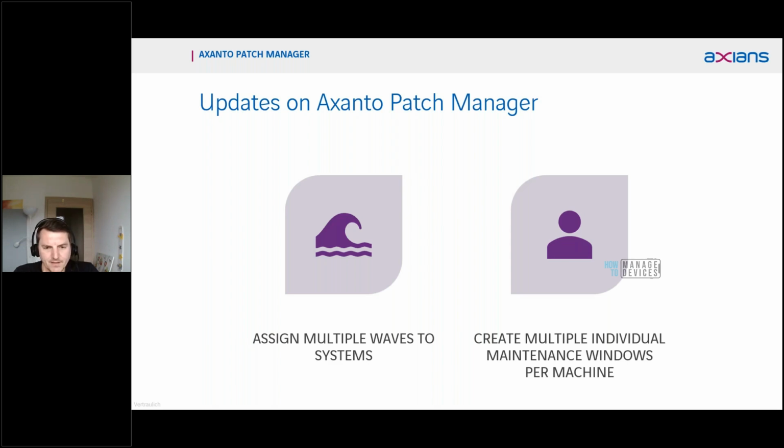They said, okay, we have the possibility to create a maintenance window with recurrence, where you can define that every week or every month the system has a maintenance window and the patches get applied. But sometimes that's not enough, because we have system owners who have defined maintenance windows over the whole year, at individual dates, not at a defined recurrence.